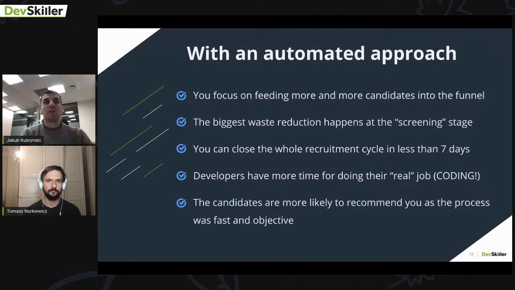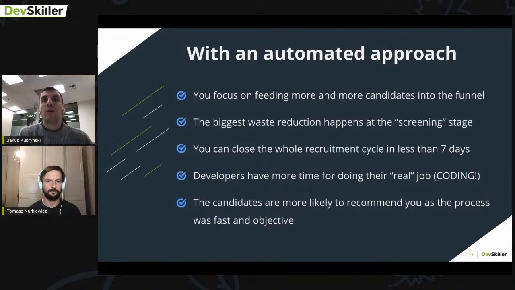So the recruiters can focus on sourcing instead of calling the candidates or scheduling a meeting, because Calendly is way better at scheduling meetings than any person you can imagine. So you can reduce the biggest waste that is happening at the screening phase, at the very early stage of your recruitment funnel.